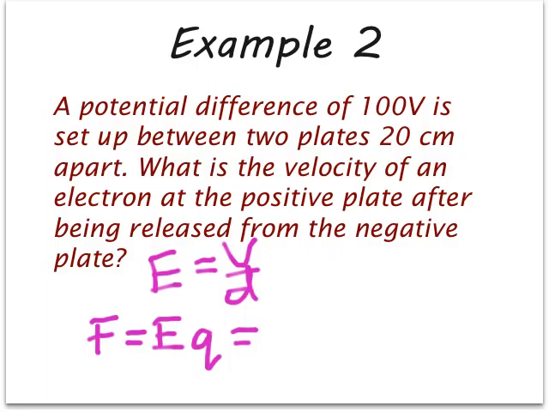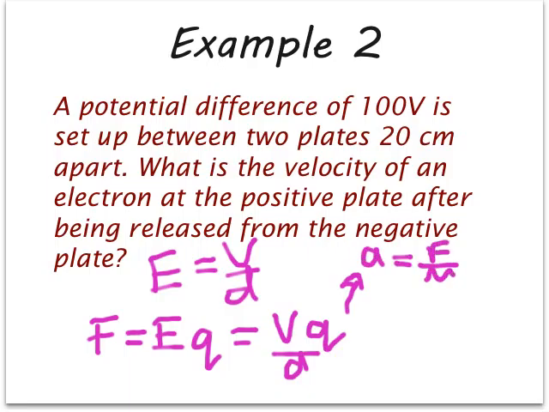It's going to be equal to VQ over D. That gives us the force. We could then find out the acceleration from F divided by M, from F equals MA. So we can put in VQ over D divided by M to find the acceleration, and then use a kinematic equation, which is probably a little bit longer way.